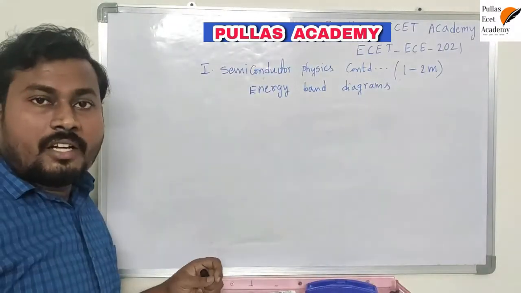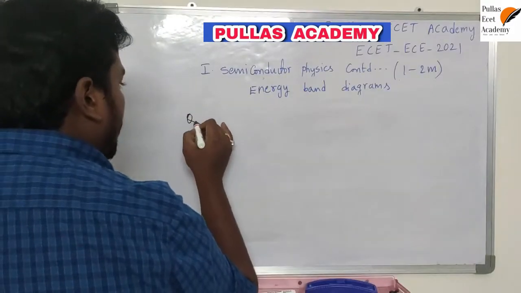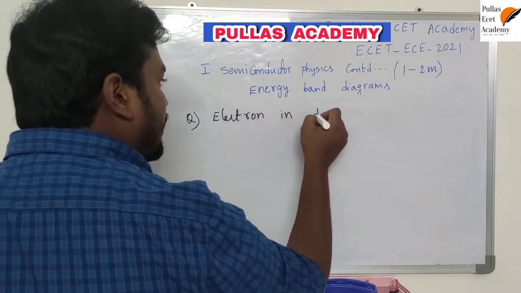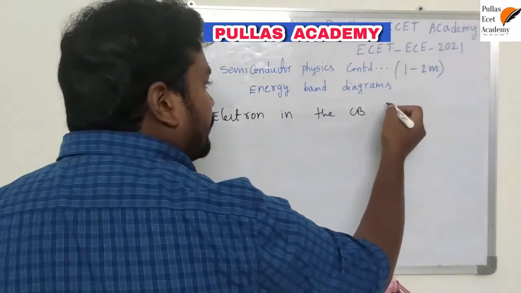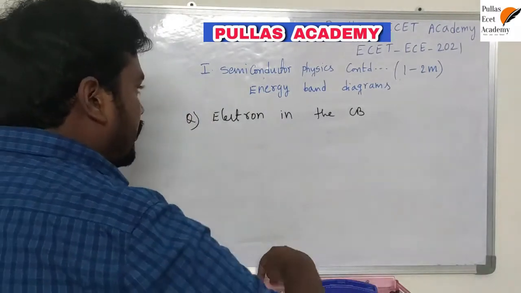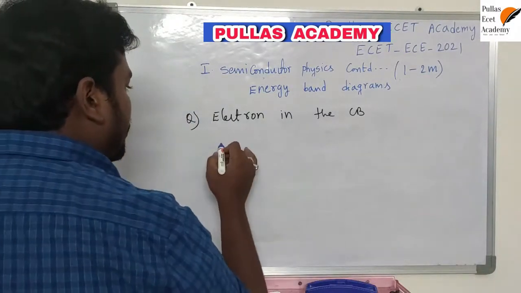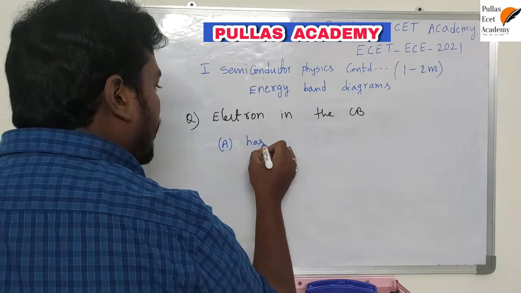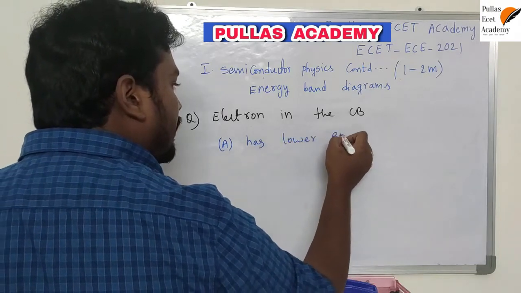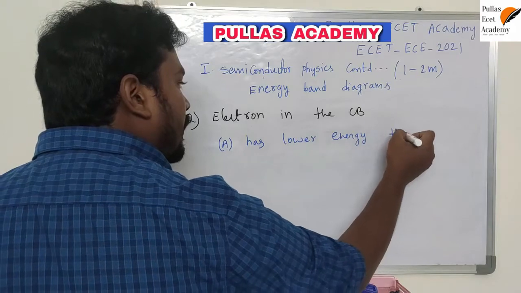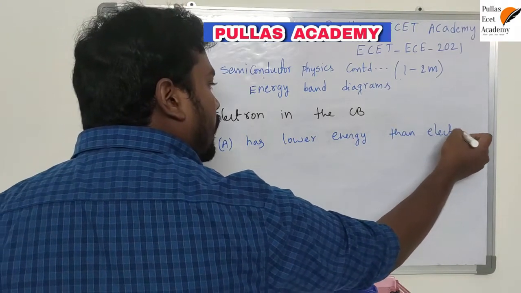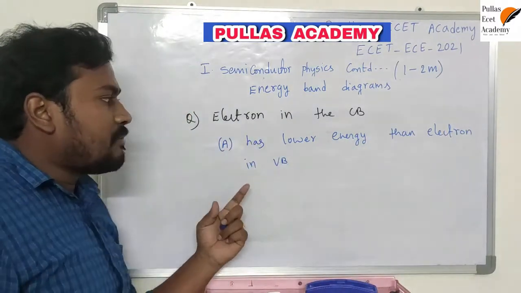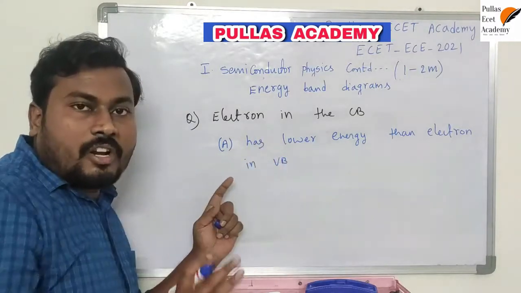Now we will see a question here. Electron in the conduction band. The options are as follows. Option A: has lower energy than electron in valency band.